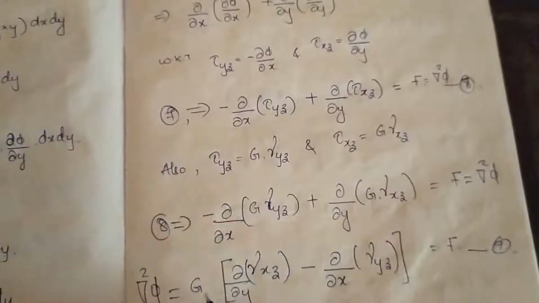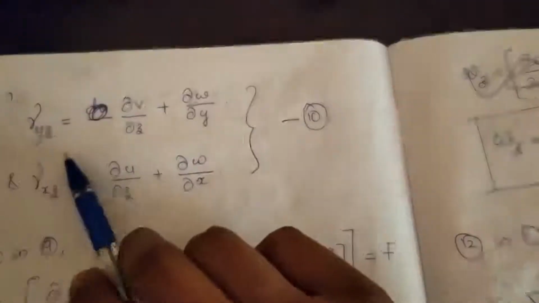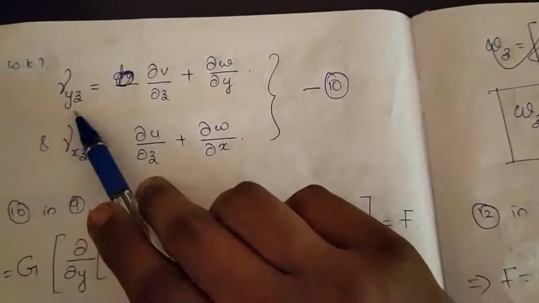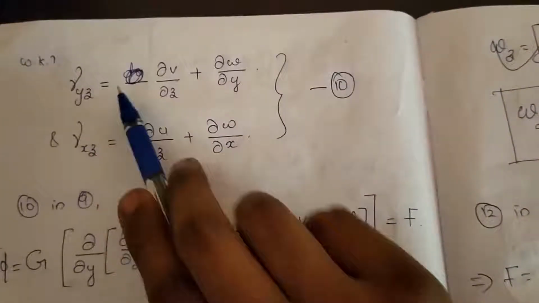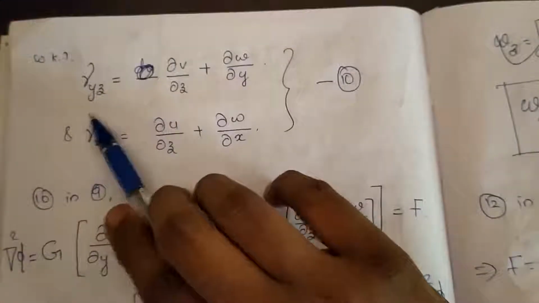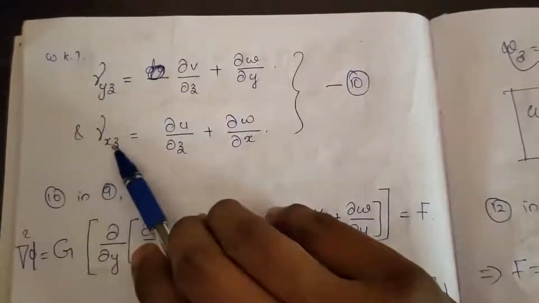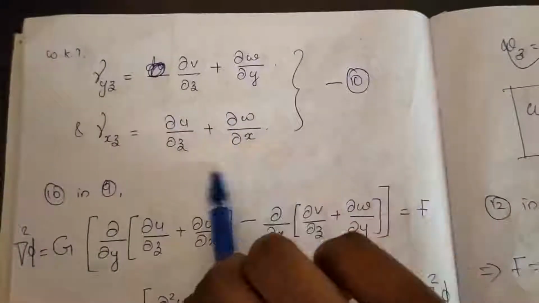Now taking out this G and rearranging the terms, you will get this equation. And you know gamma yz is in terms of displacement in the x and y direction or y and z direction. This is the equation, and gamma xz, this will be the equation.